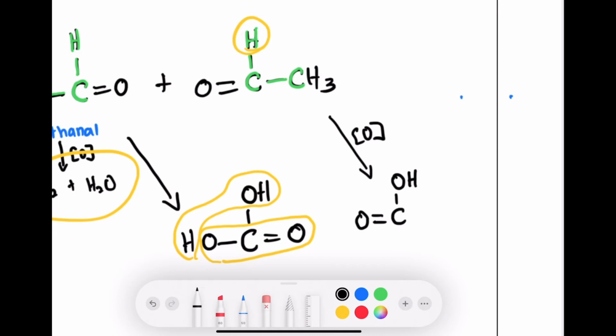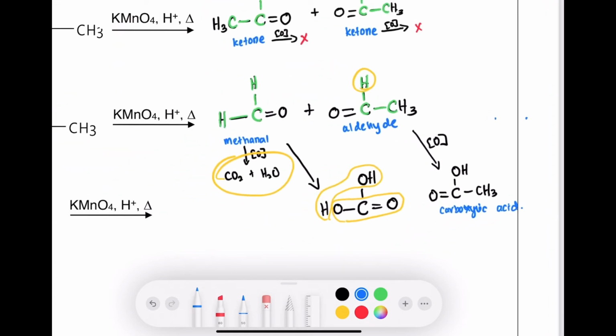So the H eventually will be added with O. So this is aldehyde and this is carboxylic acid. Okay, this is carboxylic acid.